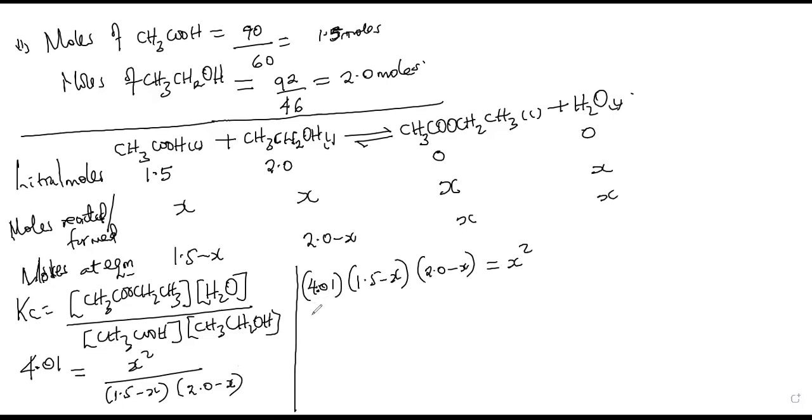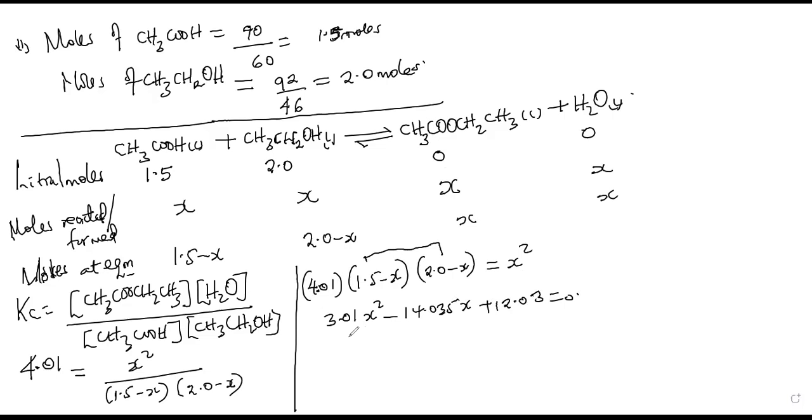So simplifying this, we shall come up with 3.01x squared minus 14.035x plus 12.03 is 0. How? First open this bracket, first expand this. Then after you multiply by 4.01, then bring X squared this way.